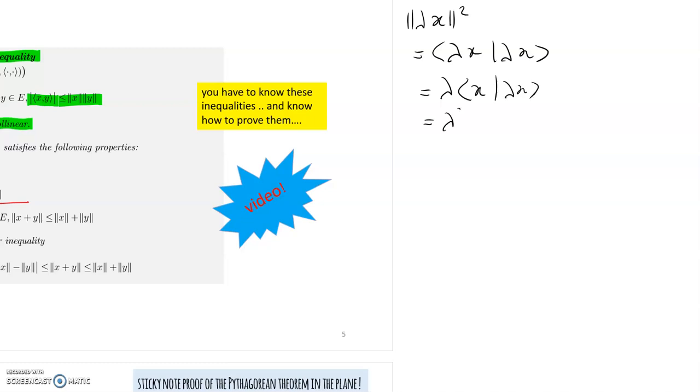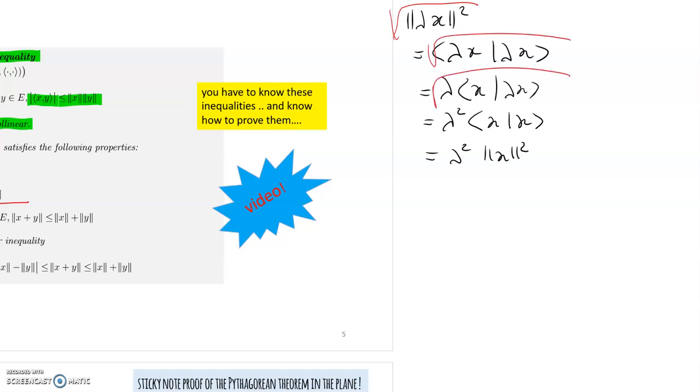Using linearity in the second input, that's lambda square x with x. So that's lambda square norm square of x. Now I use the square root everywhere.